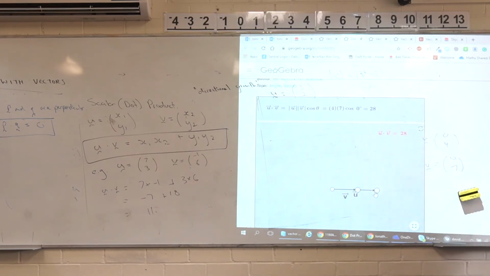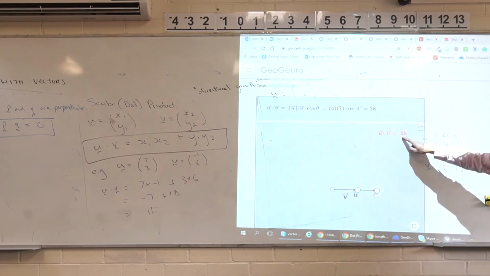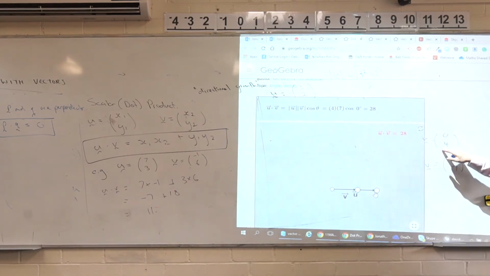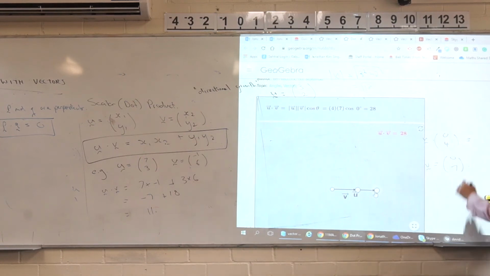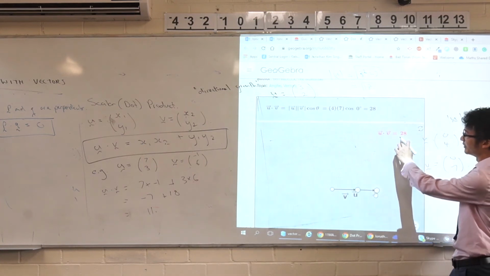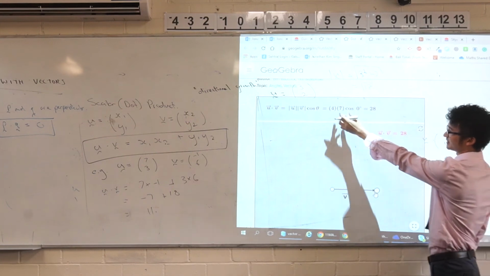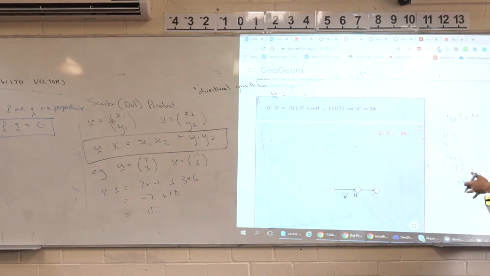All right. So we've got the dot product here is 28. What would be the magnitude of this guy? Magnitude of u equals 4. Magnitude of v here equals 7. 7 and 4. Right, so what we can see is that what we end up with turns out just to be the magnitudes of these two vectors multiplied together.